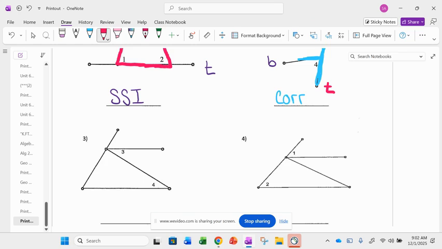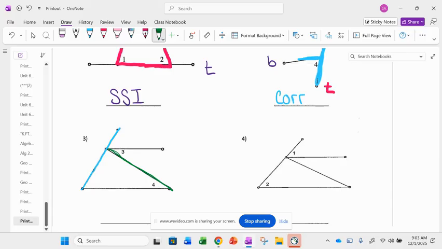Oh, okay. So this one was a little bit trickier with identifying the transversal because there could actually be 2 transversals. Do you guys see this blue line? This is a transversal, but there is another transversal. Do you guys see this green line? Isn't this also a transversal? You always want to choose the transversal that's closest to both angles.